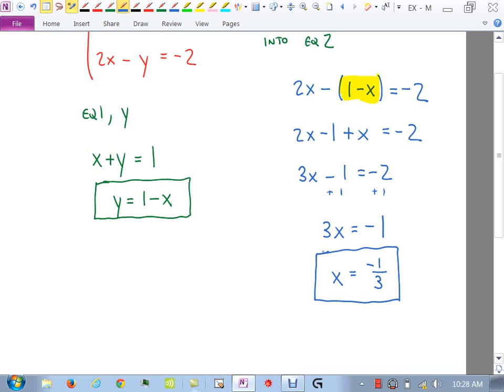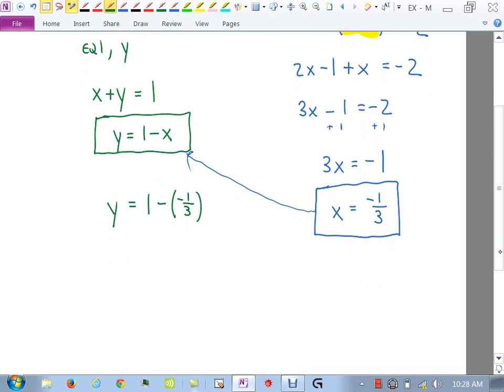Now how are you going to get y? Take that back up there and plug it into that other equation, right? So y equals 1 minus, but what was x? Negative 1/3. What do you get when you subtract a negative? Subtraction of a negative is the same as addition, right? Instead of 1 minus negative 1/3, I'm really doing 1 plus 1/3.